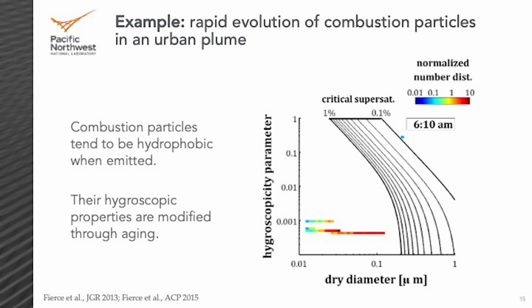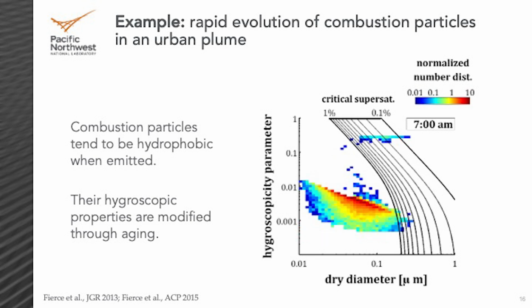So you can see at the start of the simulation, 10 minutes after the simulation started, we just emitted some combustion particles. They're really hydrophobic. They're going to be really different from everything else that's in there. But then over time, they evolve very quickly. You can see in the bottom left-hand corner, those are particles that are growing by condensation. In the upper right-hand corner, those are particles that coagulated with the pre-existing background.